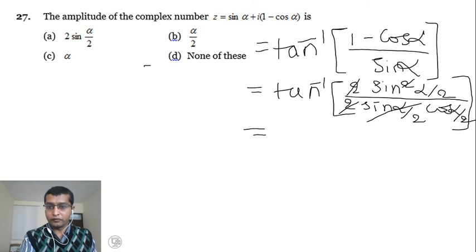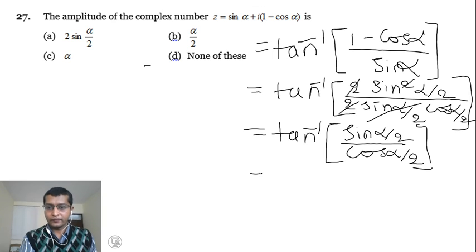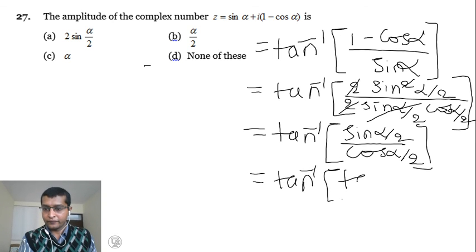So we are left with tan inverse of sin alpha by 2 divided by cos alpha by 2. Further, sin by cos is tan. So it is tan inverse tan alpha by 2.